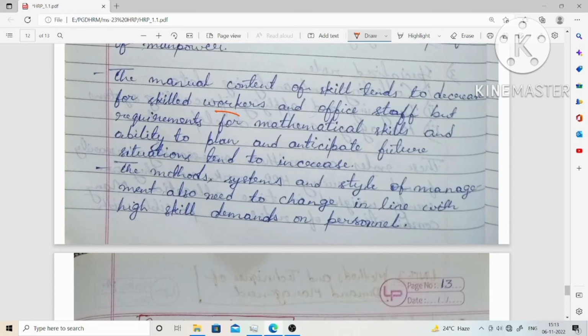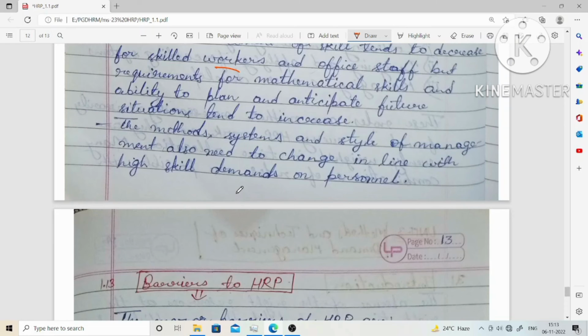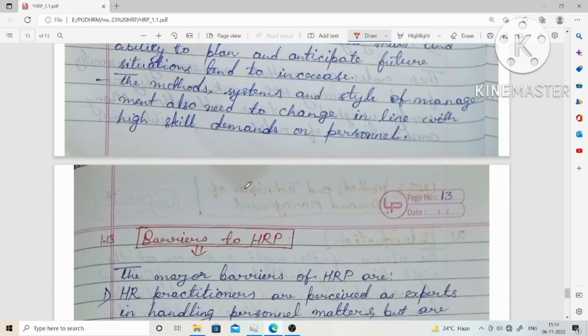If highly skilled personnel are required, then the systems, methods, and style of management for those highly skilled or highly talented people should also change, because whatever methods, systems and style of management are used for low skilled or high manual work will not work for people doing high mental work. So those things also should be kept in mind.